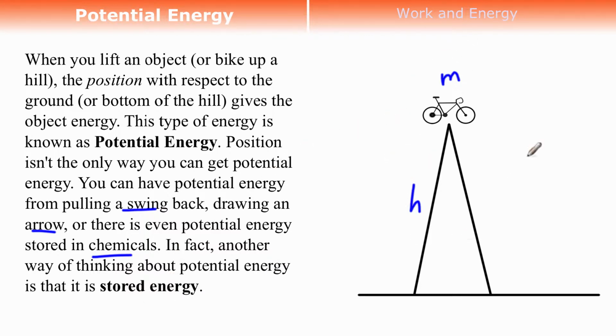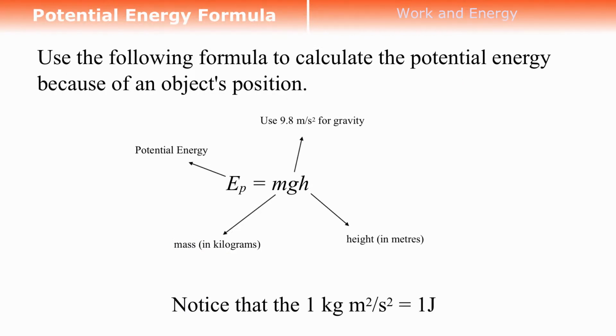Let's look at some math on how we can calculate that. Here's the formula. Potential energy, so energy with a little p, that's often how potential energy is denoted. Sometimes some people put PE for potential energy. I sort of like using E for energy and P describing what kind of energy, is equal to the product of the mass of an object by the gravity, whatever gravity is, multiplied by the height.